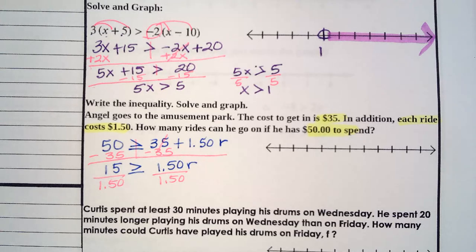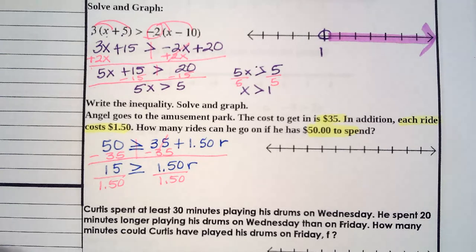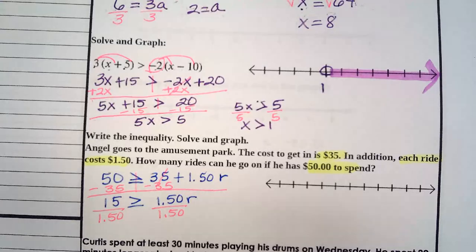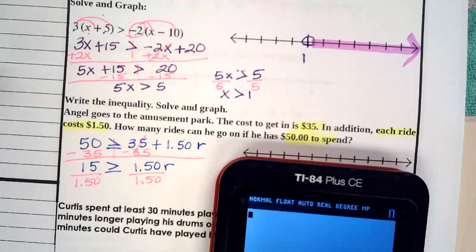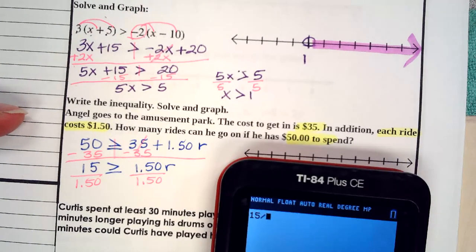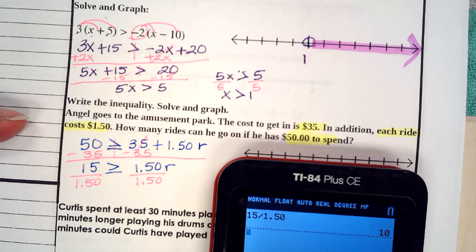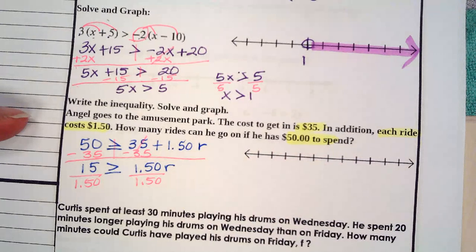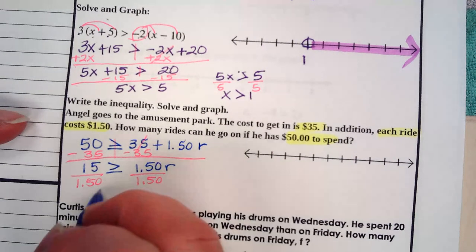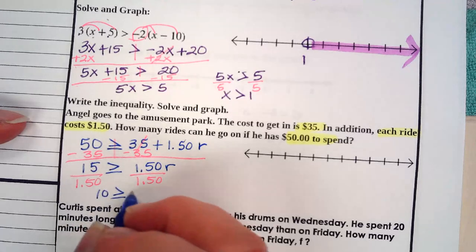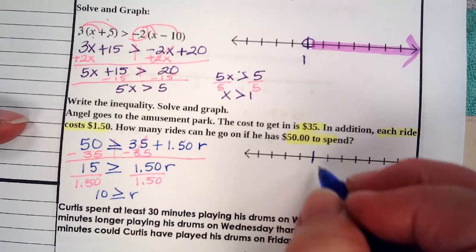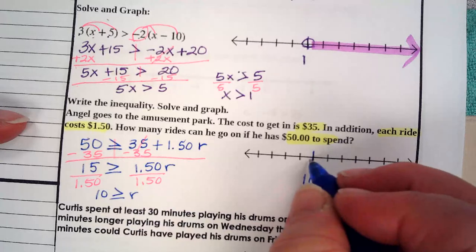If you struggle, that's okay. Grab the calculator. And we've got 15 divided by 1.50, and we end up with 10. So here's my 10 rides.